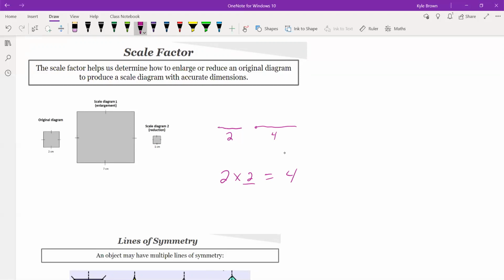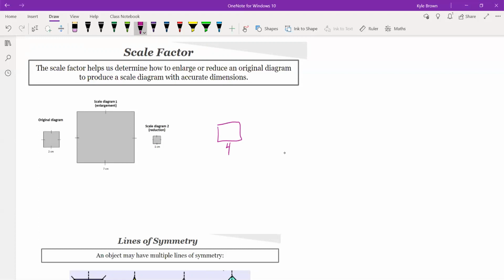And I know this sounds ridiculously simple right now, but kids have a hard time with it sometimes. So let's say I had a box that had a side length of 4, and I said that another box was 3 times bigger, or had a scale factor of 3.